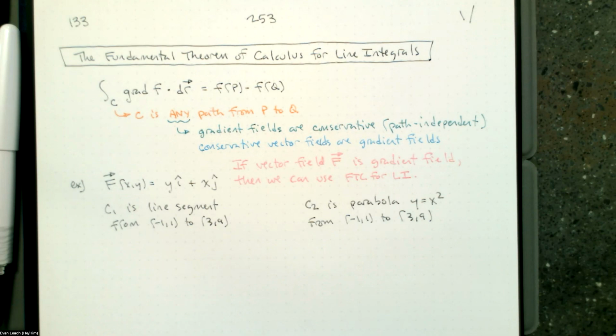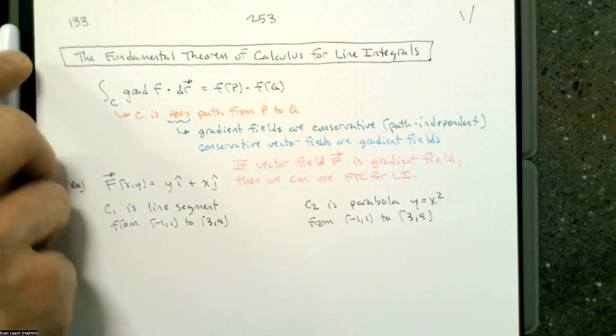Anyway, one way to check if the vector field is a gradient field is to try to find a potential function, or we can check the second derivative, the mixed partials.